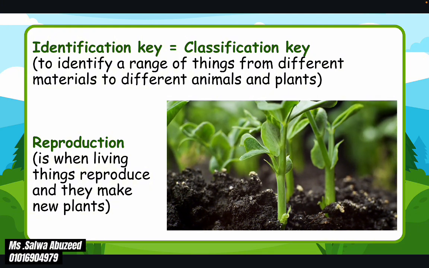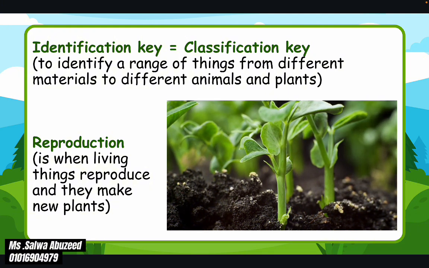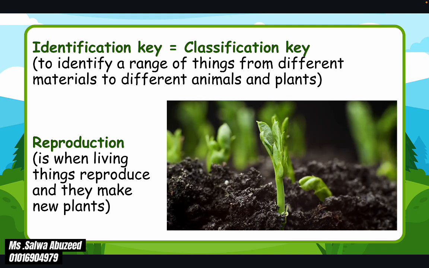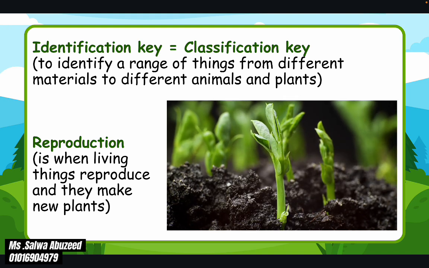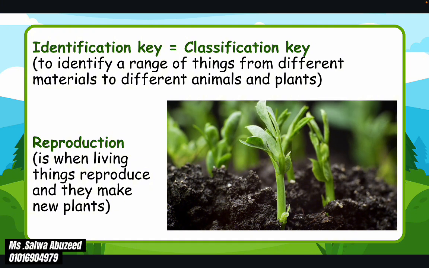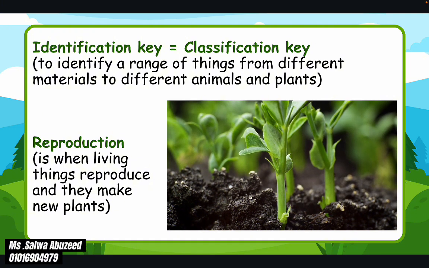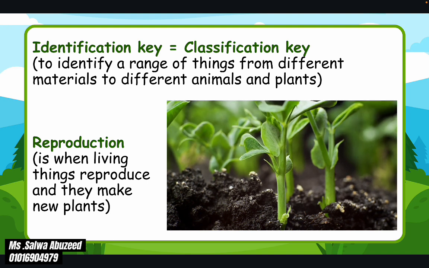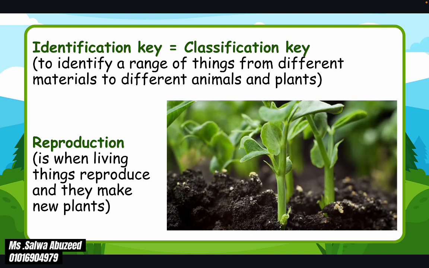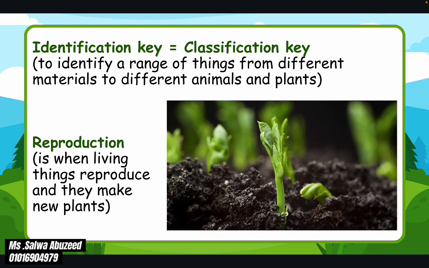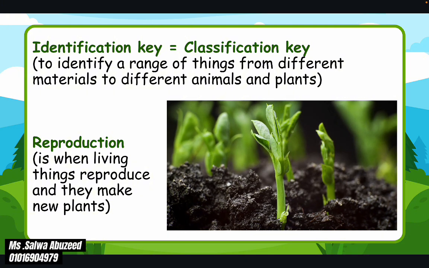And the same thing for the plants. Plants reproduce daily. You plant a new plant, it reproduces, and so on. If you left a flower, after a while we're going to find the one flower became 2, the 2 became 4, and the 4 became 8, and so on. This is called reproduction, and we only find it in living things.